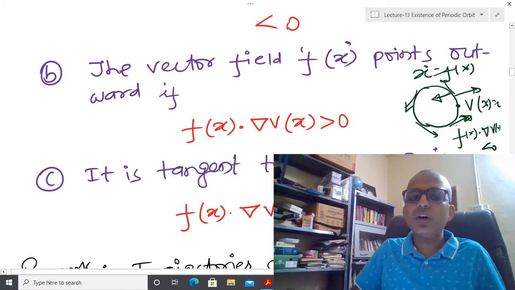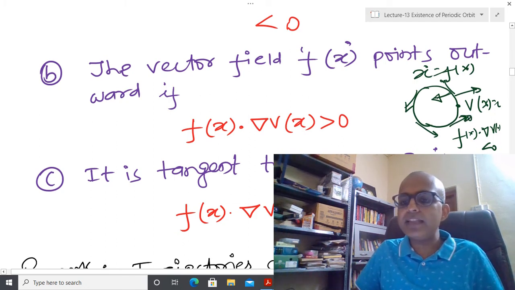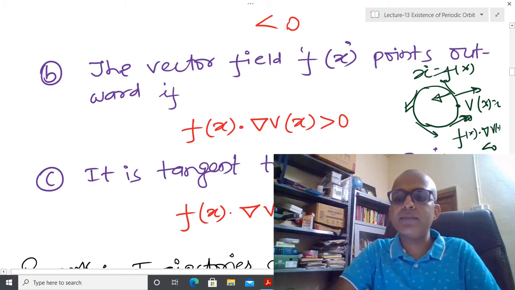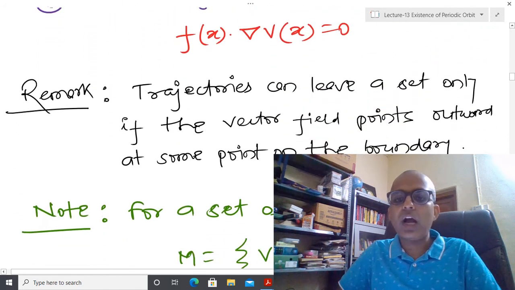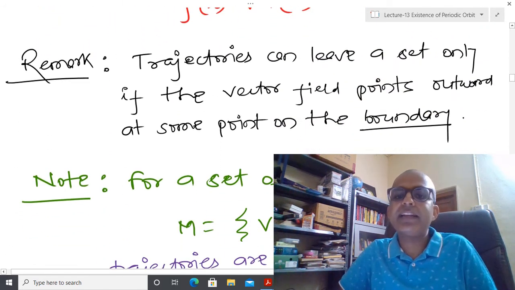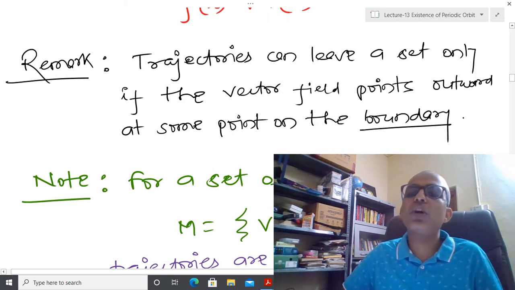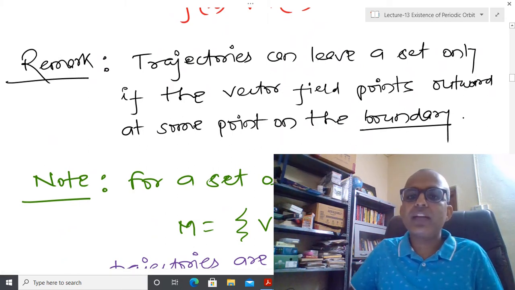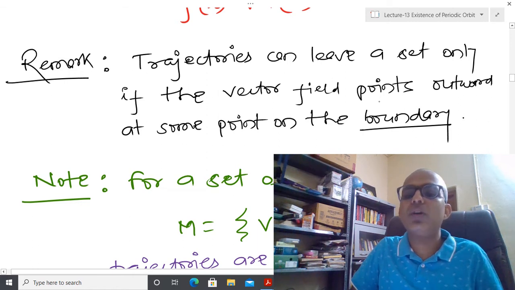Okay, so now by seeing these calculations, you are able to understand when a closed orbit comes into the picture. A trajectory can leave a set only if the vector field points outward at some point on the boundary.